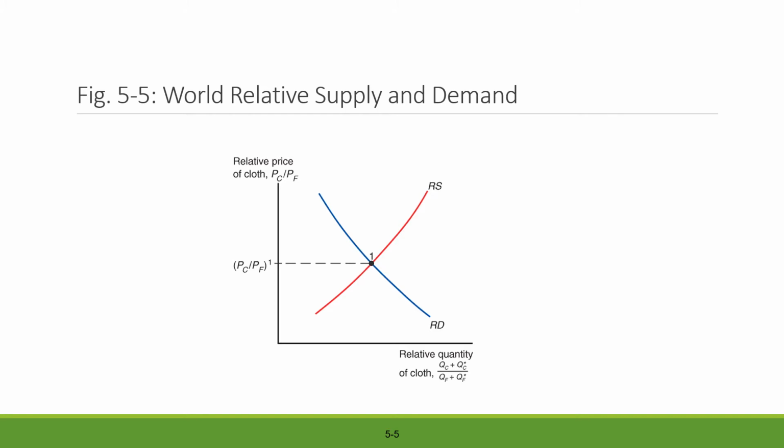And the equilibrium price, that is the relative price, that is the price of clothes to price of food, whereas the quantities are the summation of quantity, as we have discussed just now, the quantity of cloth produced domestically plus quantity of cloth produced or consumed in the foreign country, divided by the total quantity of food, and that is the domestic food plus the food in foreign country.